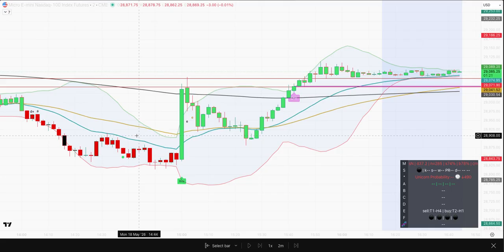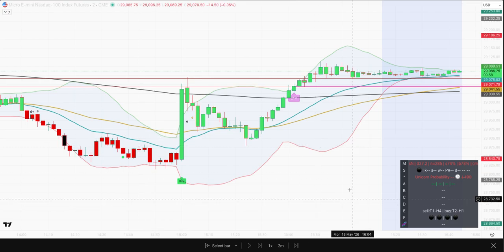Never bring it to the body of a candle. That's one of the worst things you can do, because the wick has the extremities of price. That's where liquidity grabs happen, right? So always pull it to the wick. When you're dealing with a stop loss, always enter on a candle close. So now you ask yourself, let's kind of replay this.